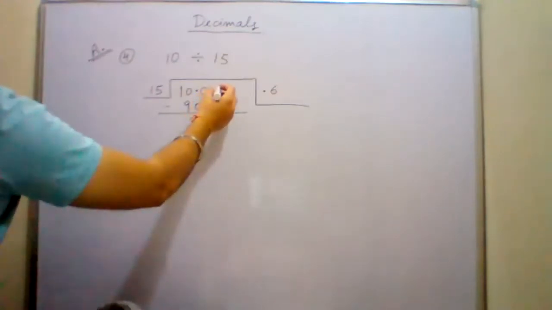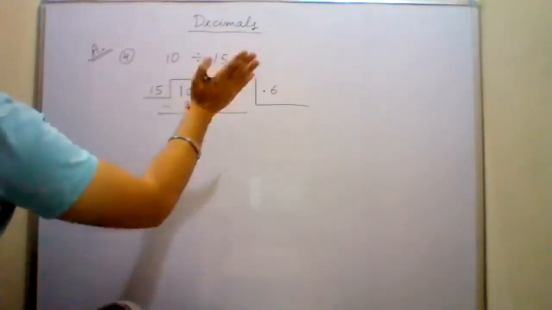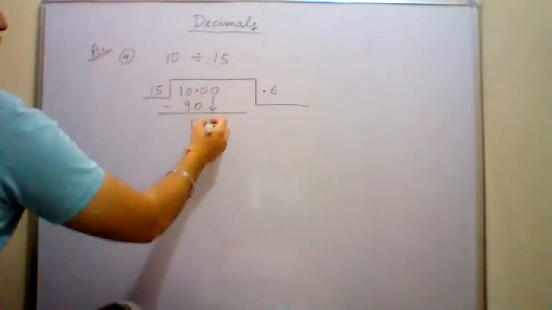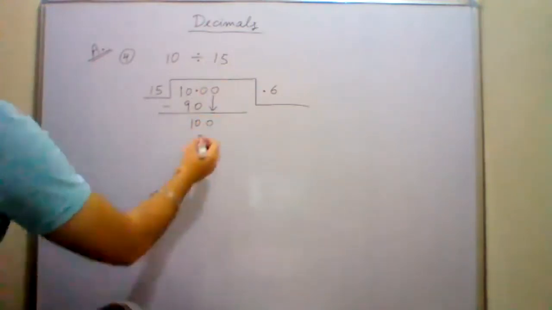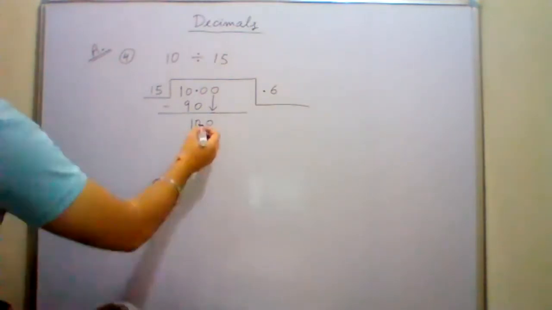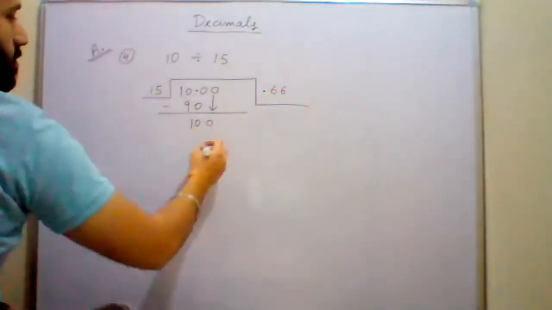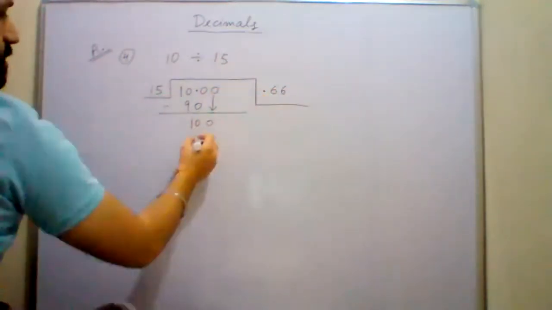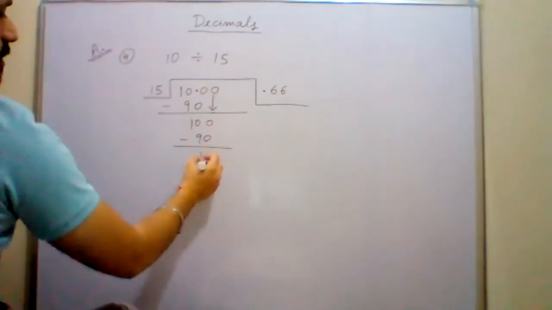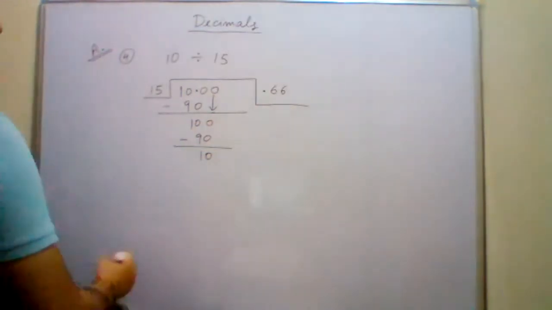You can add another 0 in place of dividend. You can add as many zeros as you want in dividend. Again, it becomes 100. So again, you will write 6, and 15 into 6 is equal to 90. Again, when you subtract, you get the remainder as 10.